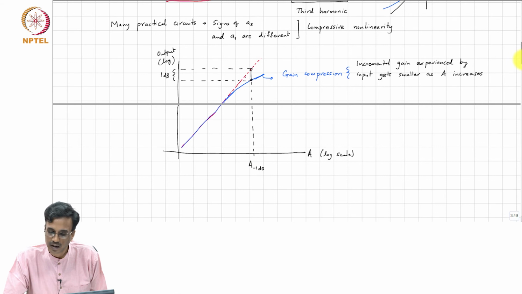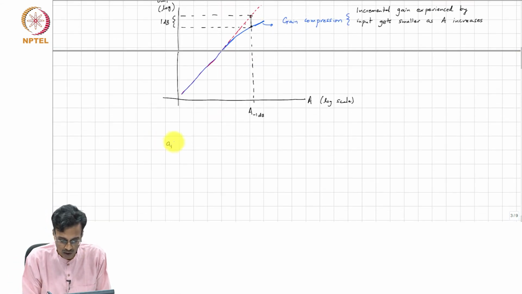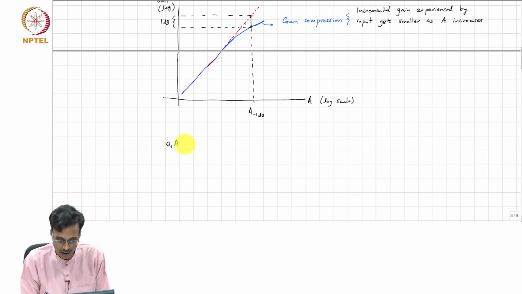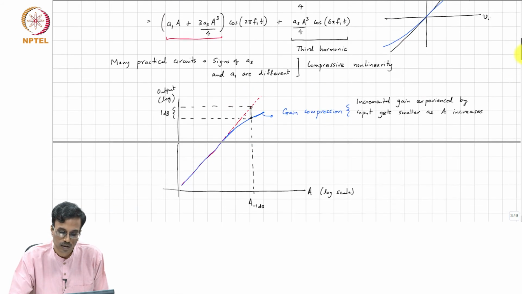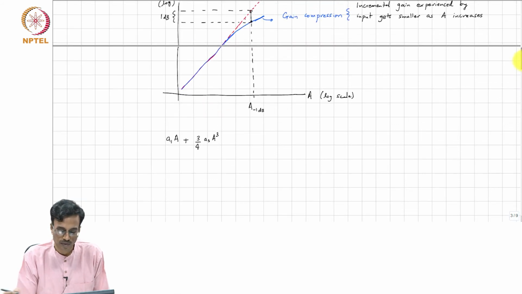And how do you find that A minus 1 dB? Well, ideally you should see A1A, you're seeing plus 3 A3 A cube by 4, and therefore this is the deviation.